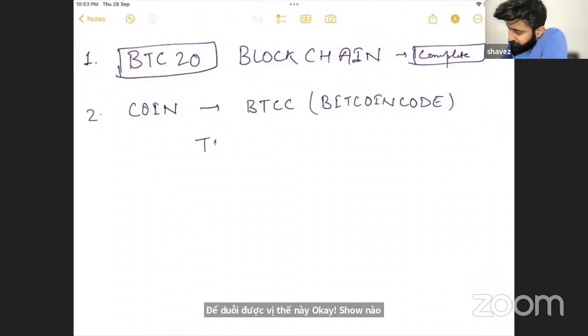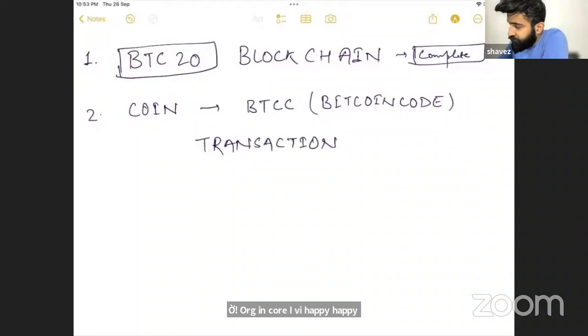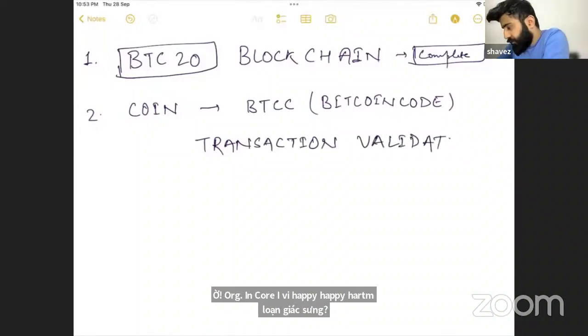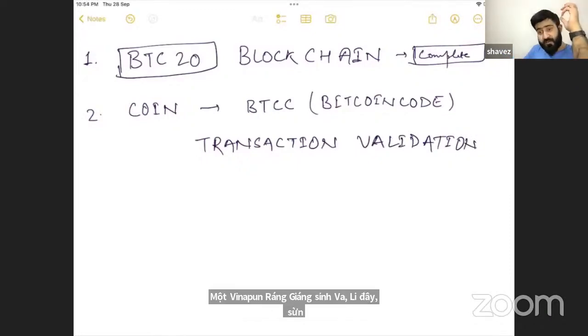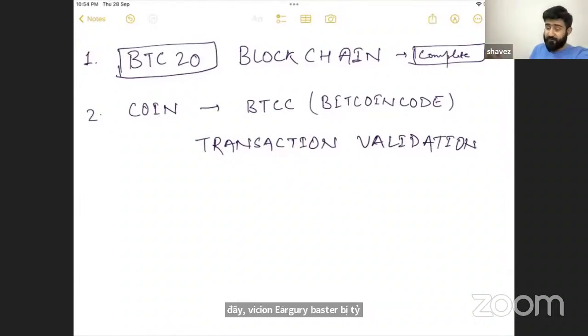all right. So in the coin, what will happen in our chain? Transaction validation. What will happen? Transaction validation, right? Because every action, every activity on the blockchain is a transaction.